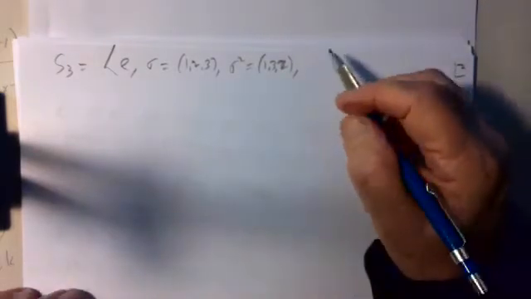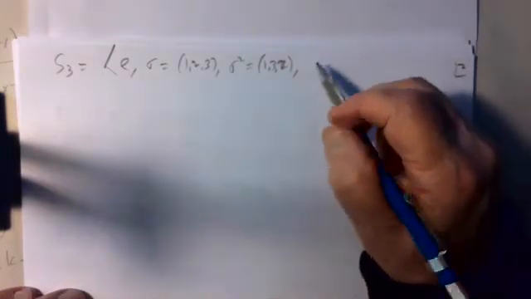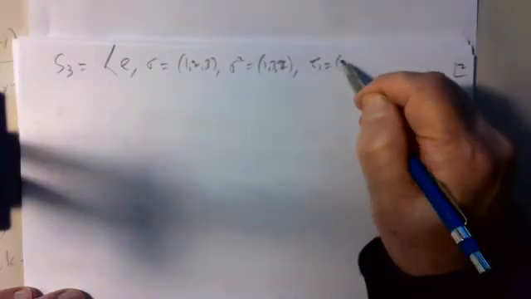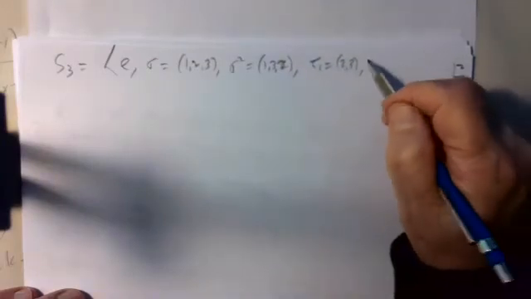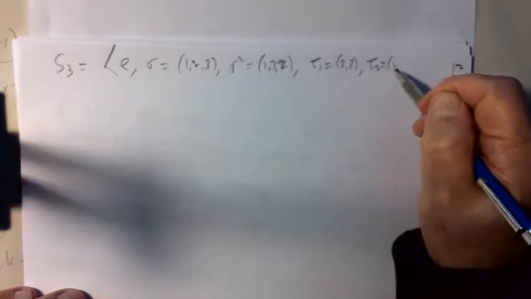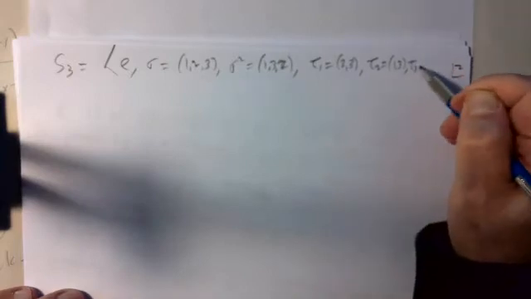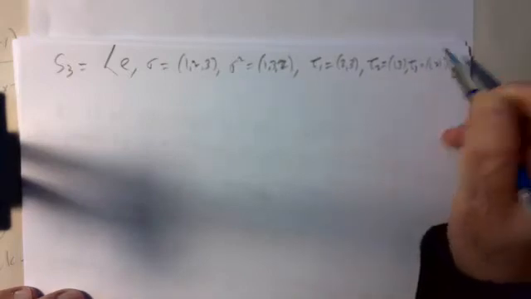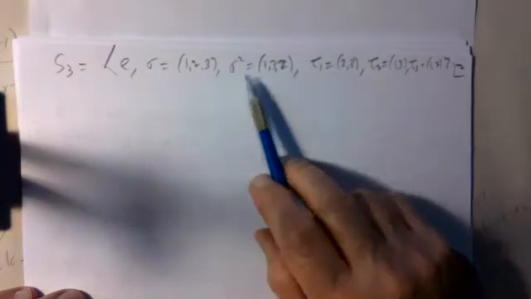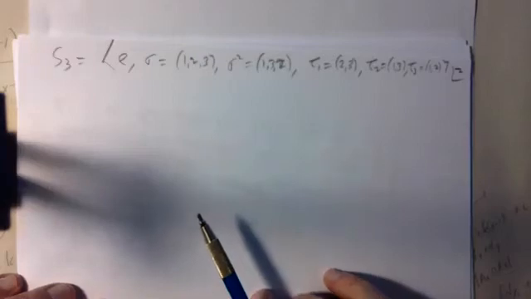And then we have the 3 transpositions. I call them sometimes tau 1 is the transposition 2, 3. Tau 2 is the transposition 1, 3. And tau 3 is the transposition 1, 2. So 1, 2, 3, 4, 5, 6. These are the 6 elements of the group.